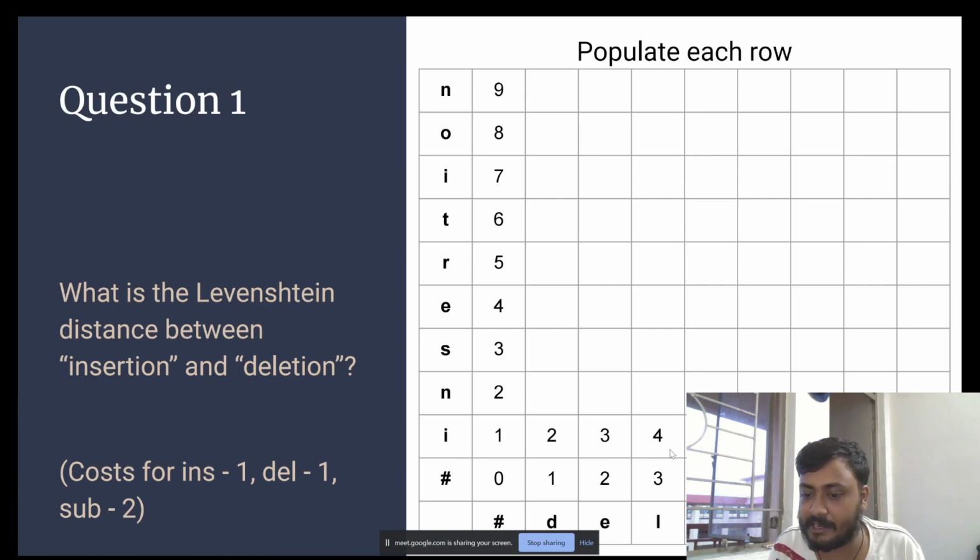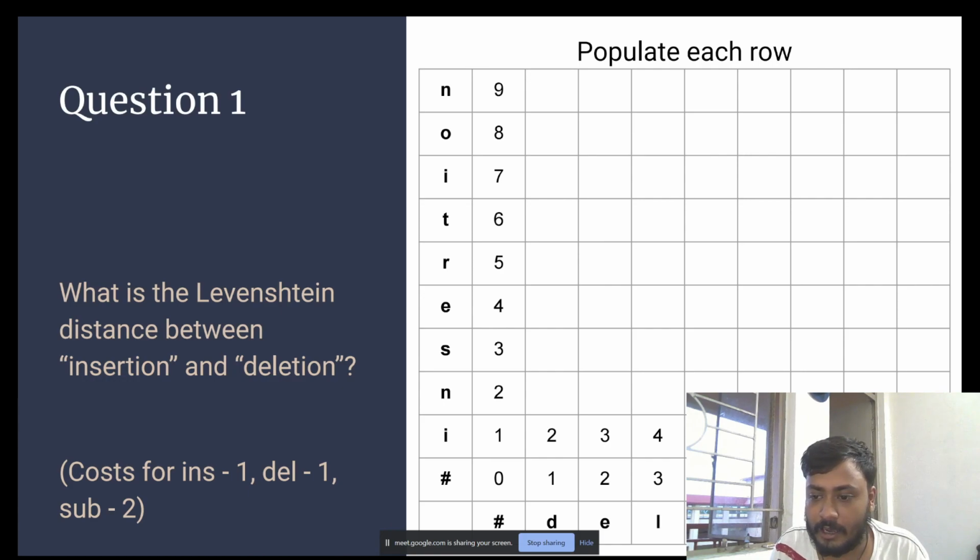If they are the same characters, you do not add any cost for substitution, so the operation will be just whatever is over here. All right, so you need to compare the minimum of the three possible ways you can reach any box. So from left, from diagonal, or from bottom, and you take the minimum of those values and you put it in the box. So that is how we have calculated this row.